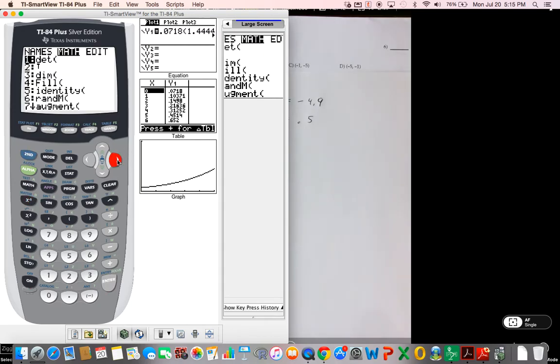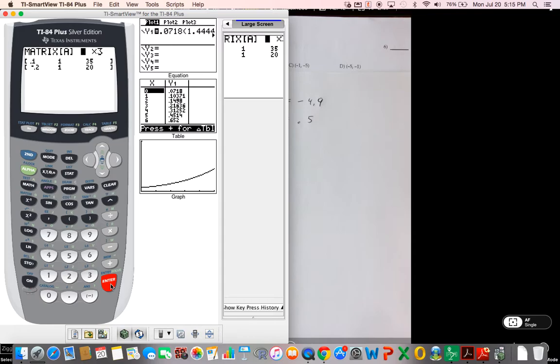So I'm going to go over to edit, 2 by 3. So just put in the corresponding parts, 0.4, 0.9, negative 4.9, 1, negative 0.3, and 0.5.